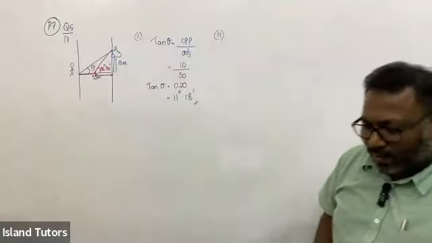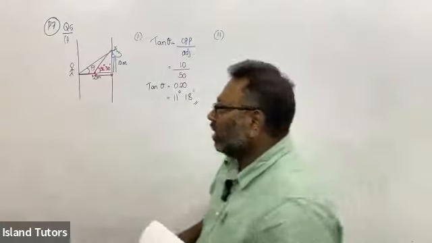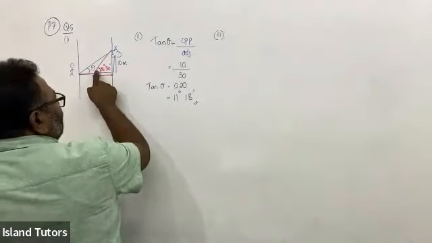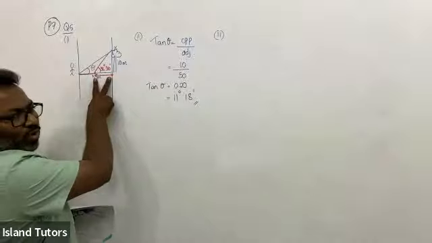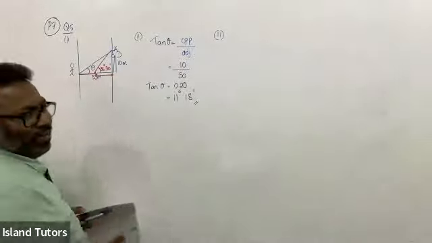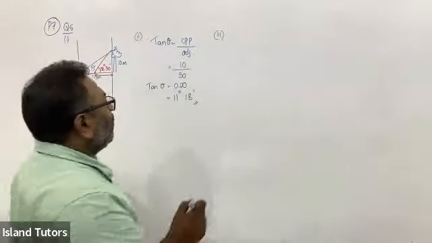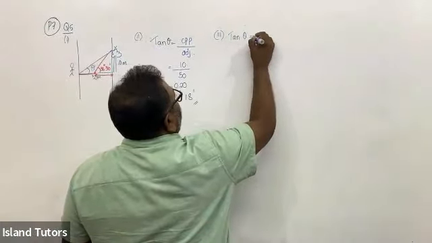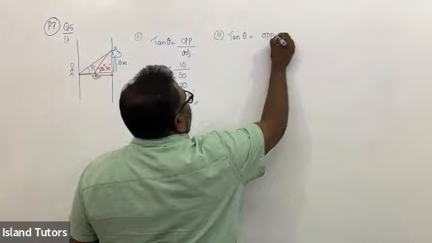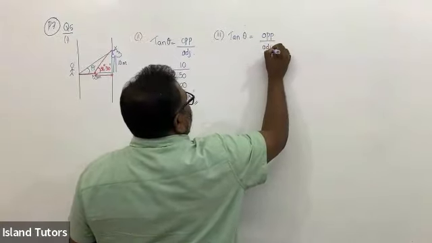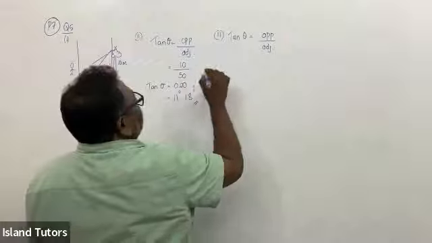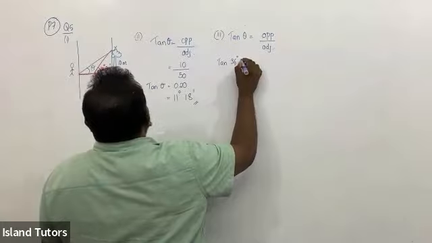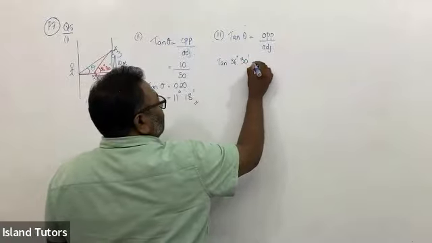So again, what is the ratio we are going to use? Opposite over adjacent, but this time the adjacent value we don't know, but we know the angle, the theta. So tan theta is equal to opposite over adjacent. Tan theta is tan 36 degrees and 30 minutes.